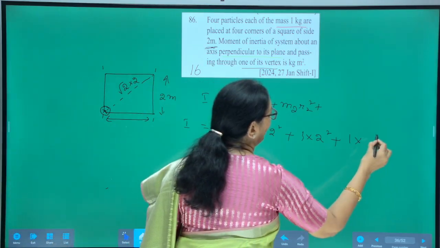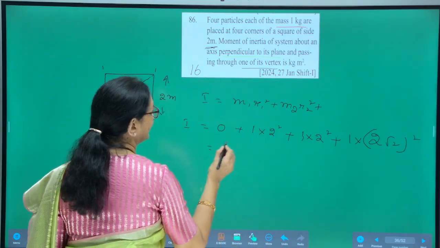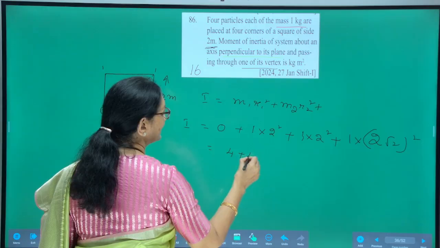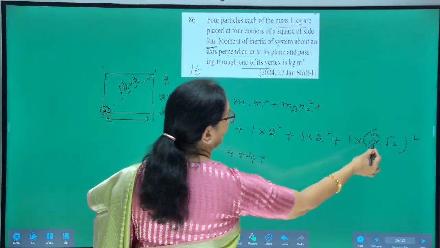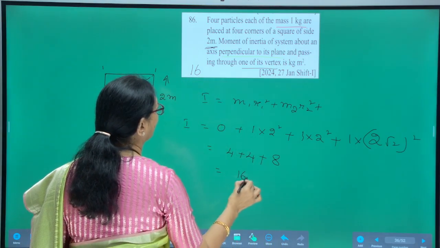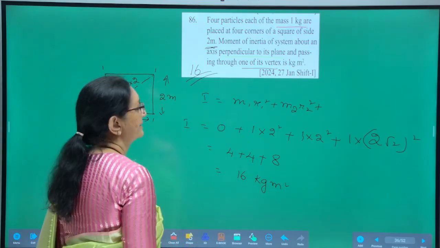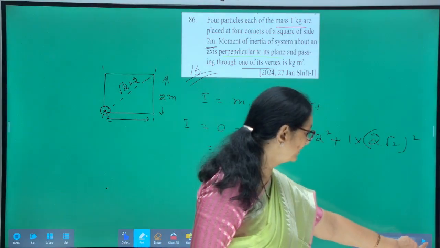So, here it is (2 root 2)². So, this becomes 4 plus 4 plus 8, it is 16 kg m². That is the correct answer for that problem. Move on to the next problem.